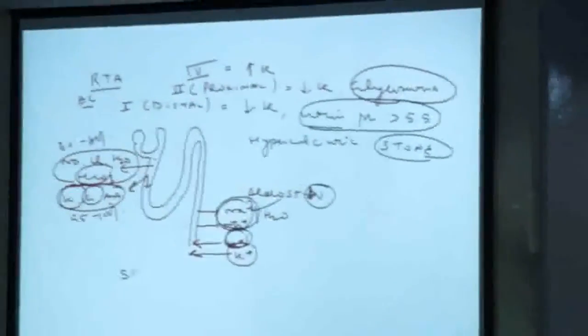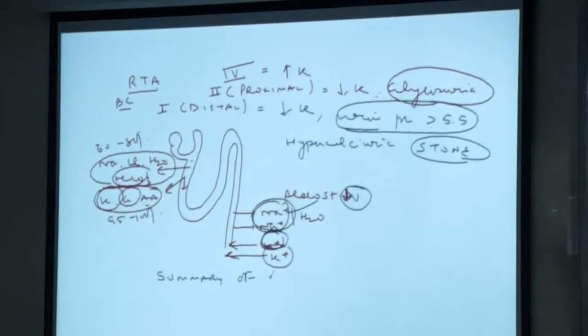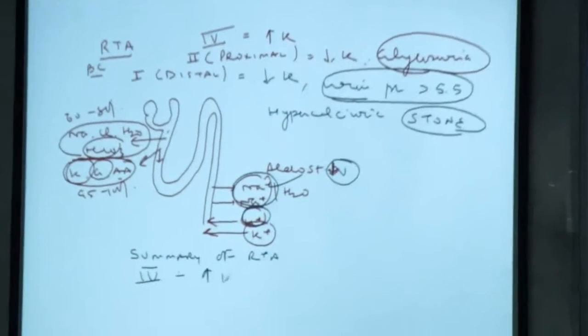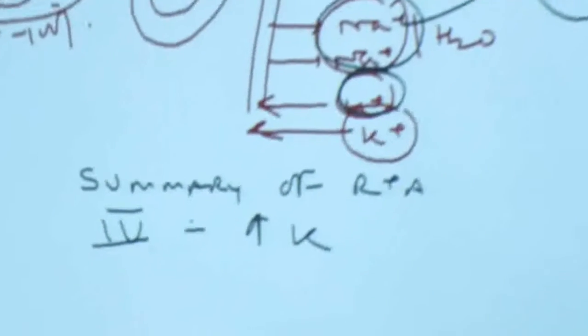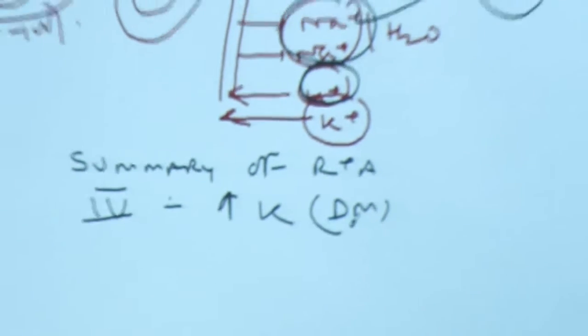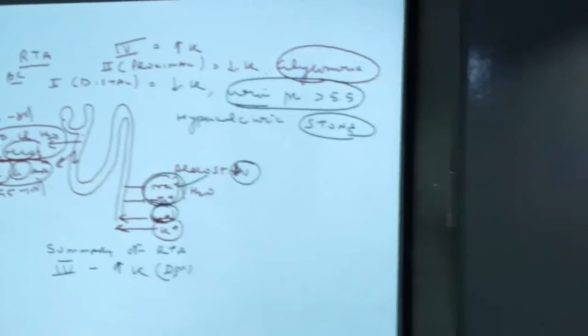Okay? So now what you have to remember is the summary of RTA. You can write it down. Type 4: hyperkalemia. And type 4 is very common in diabetic patients. In fact, the most common cause of type 4 RTA is diabetes, in 50% of cases.